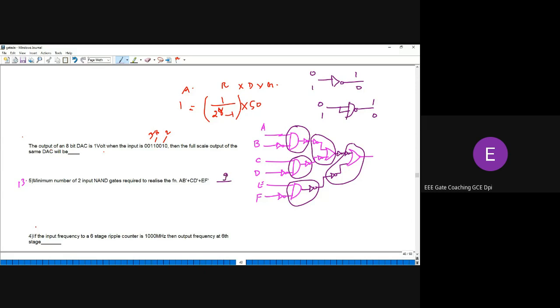Or if I want to still minimize this one, I can draw it like this.